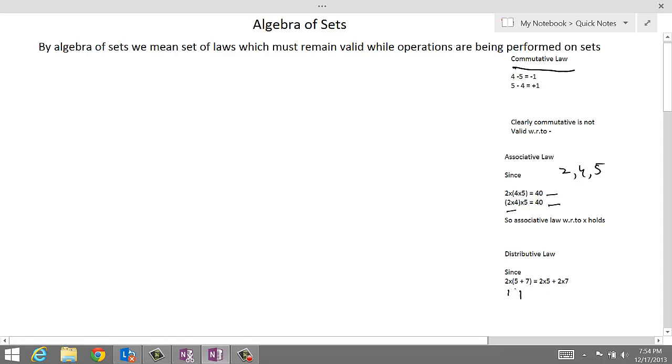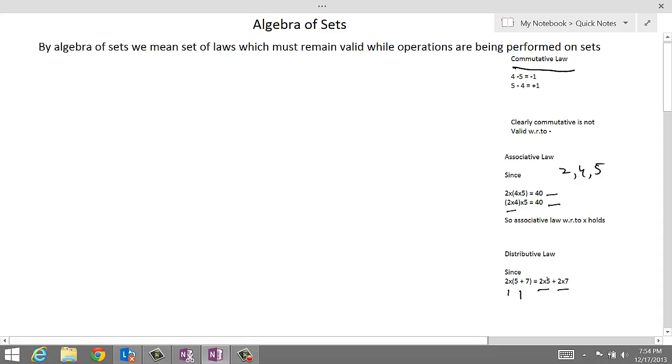Is multiplication distributive over addition? We clearly know that 2 multiplied by bracket 5 plus 7 is equal to 2 multiplied by 5 plus 2 multiplied by 7. So this is the distributive law, and it clearly tells us that multiplication is distributive over addition.